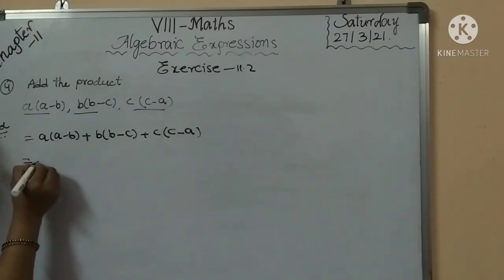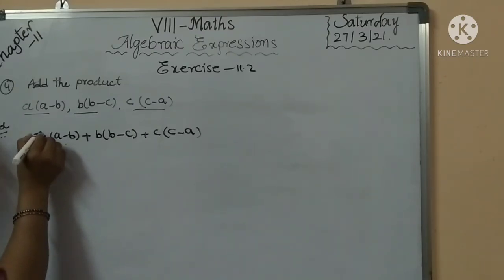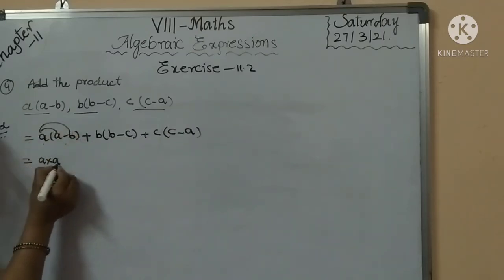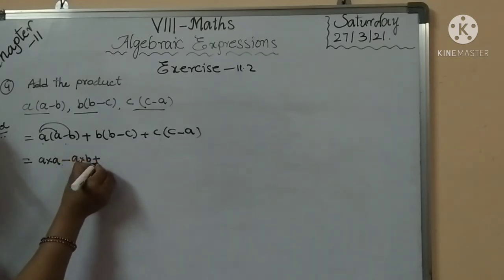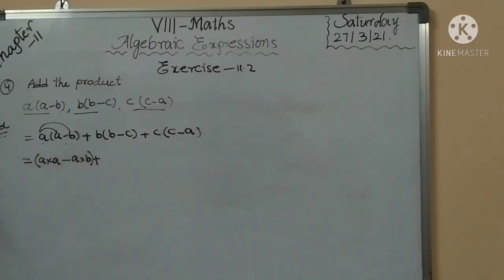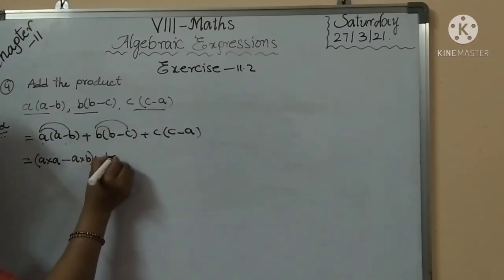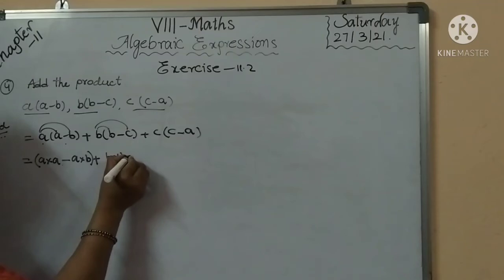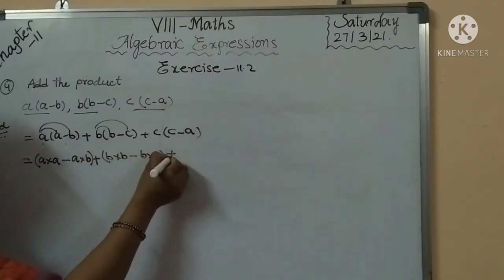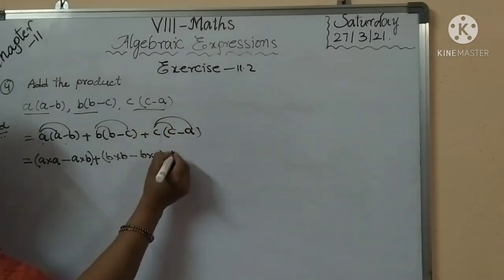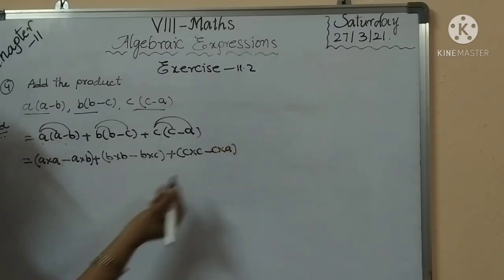So here a into a, it is a monomial and binomial. The product of every term: a into a plus, into minus minus a into b plus. This is the one. Next b into b, b into b plus, into minus minus b into c, plus c into c and c into a, c into c minus c into a.